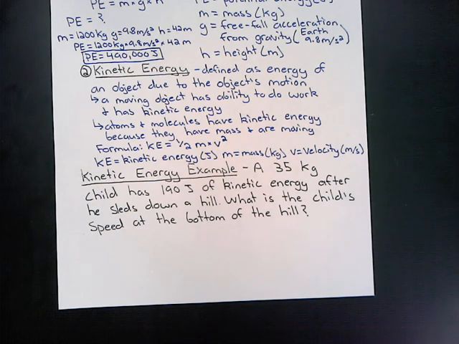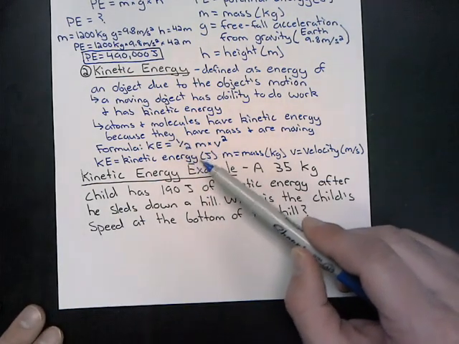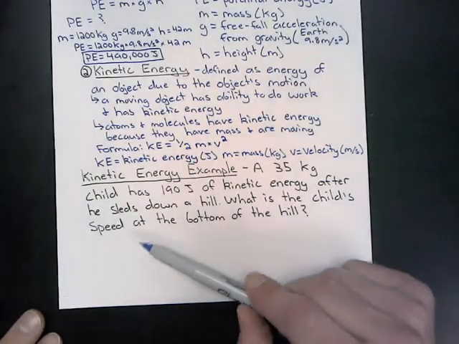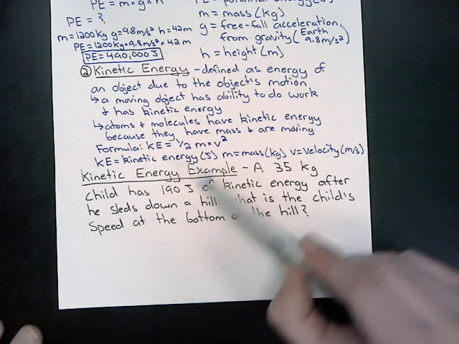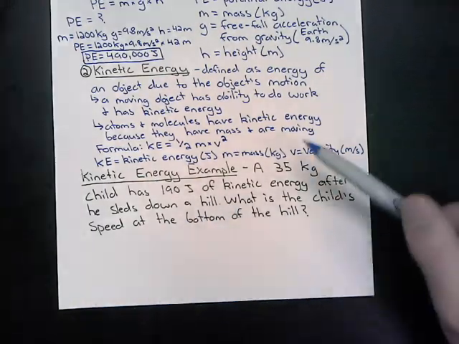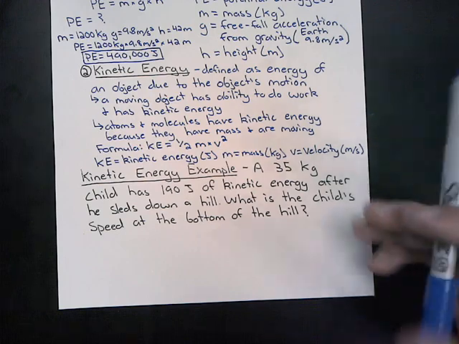We want to know, what is the child's speed or velocity at the bottom of the hill? So again, we're going to use this same formula that we just talked about a couple minutes ago, and we're going to do some plugging of these numbers that we know and solve for what we don't know.